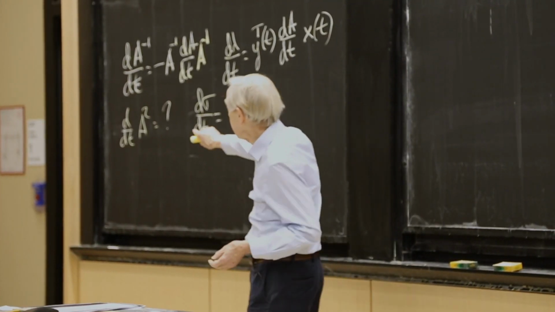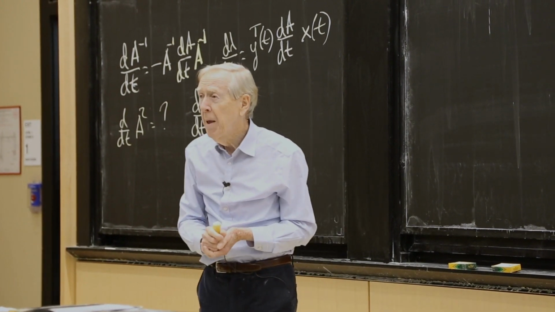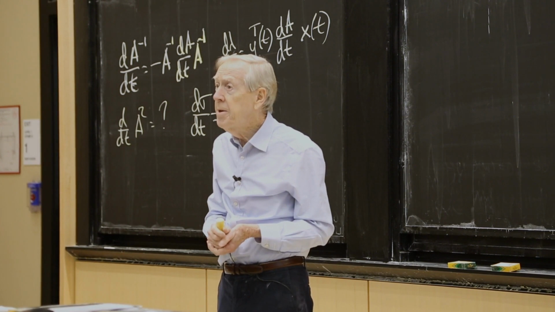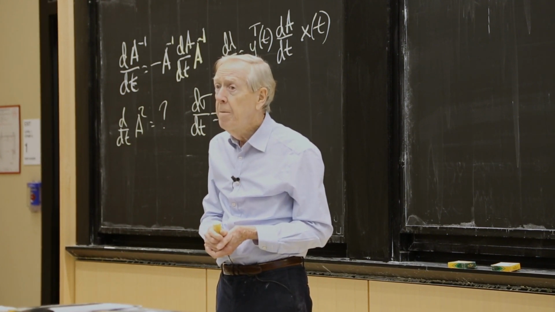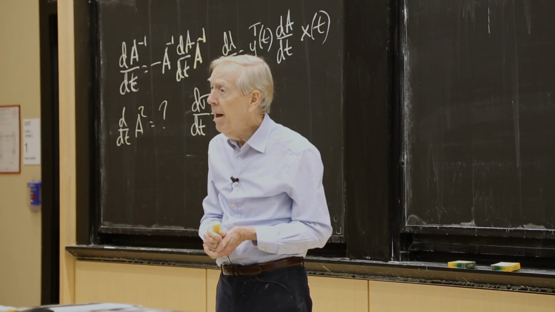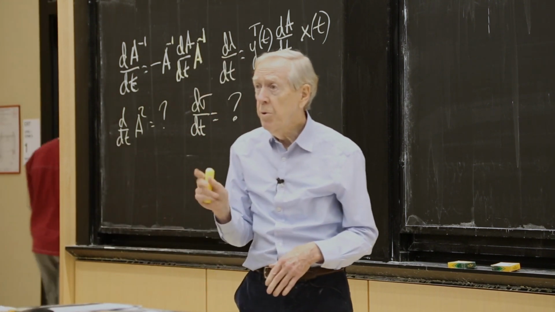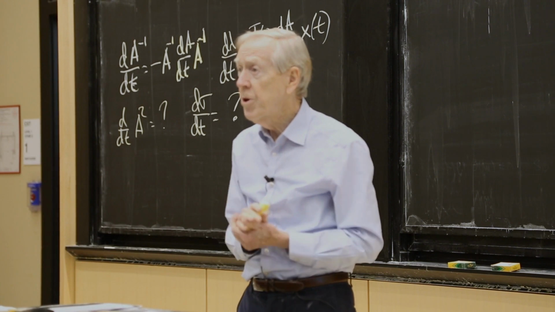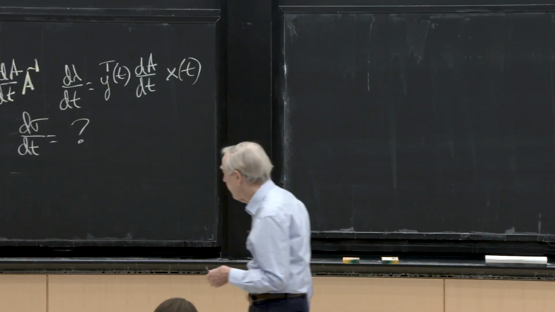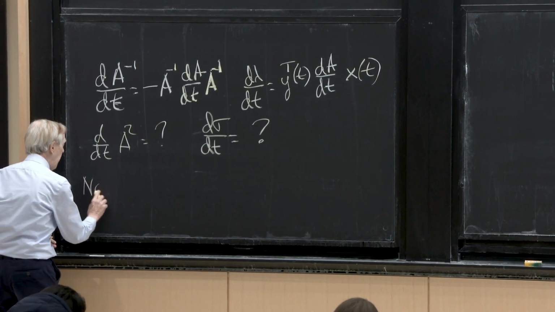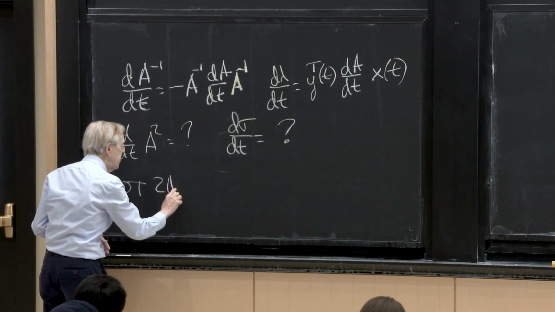the first thing is the derivative of A squared. And you might think it's 2A dA/dt, but it's not. And if you realize that it's not and you realize what it is, you'll get these things right in the future. So the answer to the derivative of A squared is not 2A dA/dt.